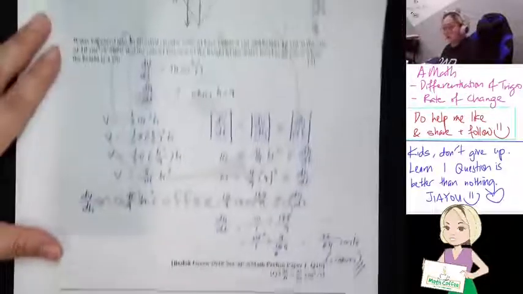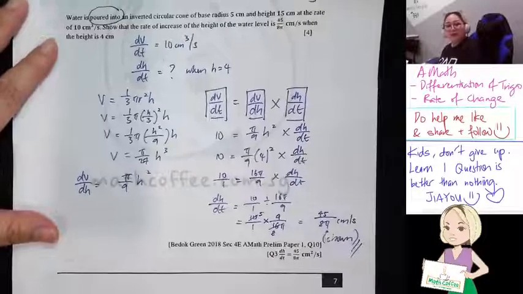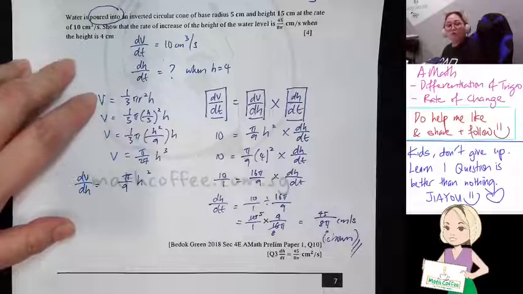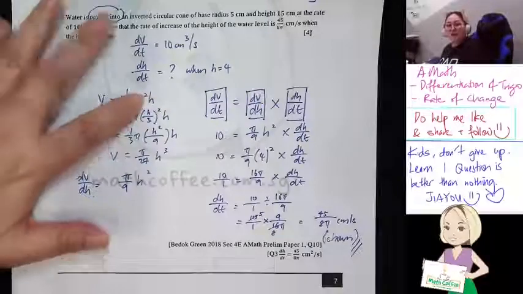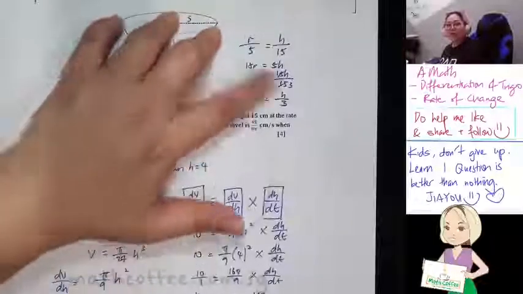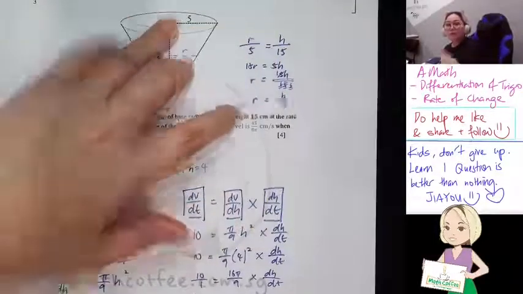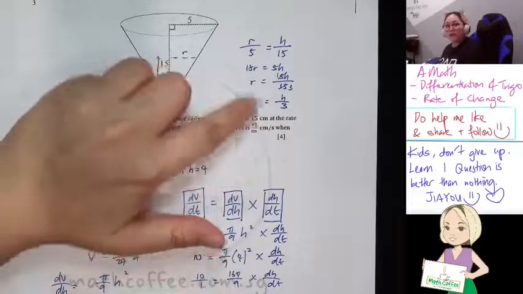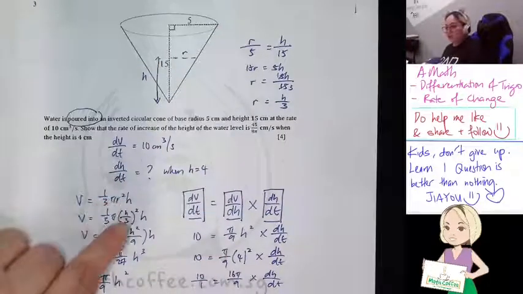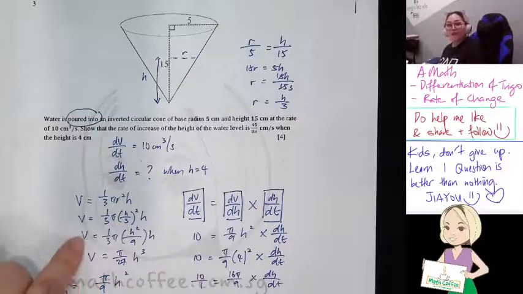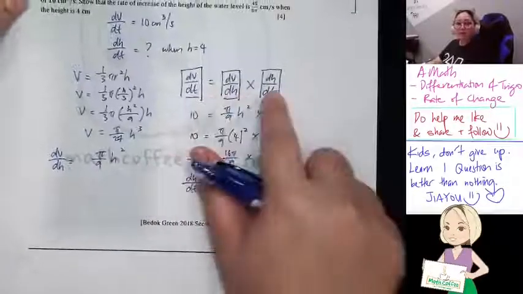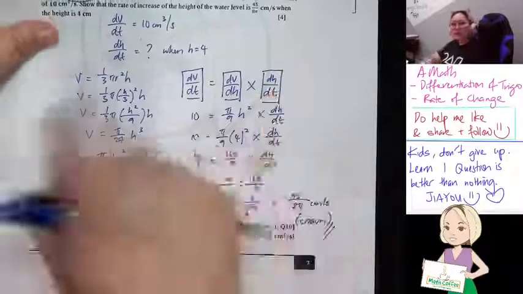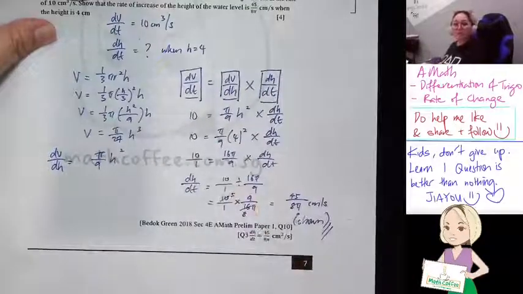When we do our volume, we have volume in terms of R and H. Then you know that you need to get rid of R. And this is how you find the formula that relates your R and H. Because I want to get rid of my R, I make R the subject, whereby I can change my R to become H. Then I will have purely V in terms of H. And once I have that, I can do my dV/dH. And by now, you all should know how to connect the three terms together and sub in accordingly, and then you solve it.